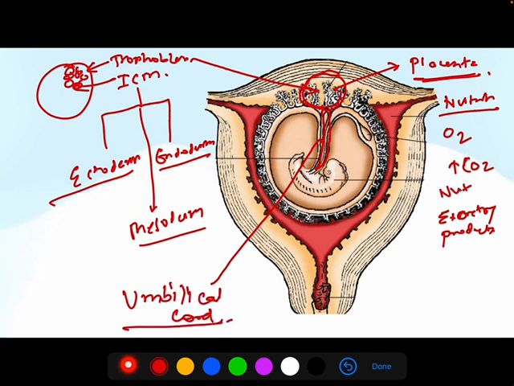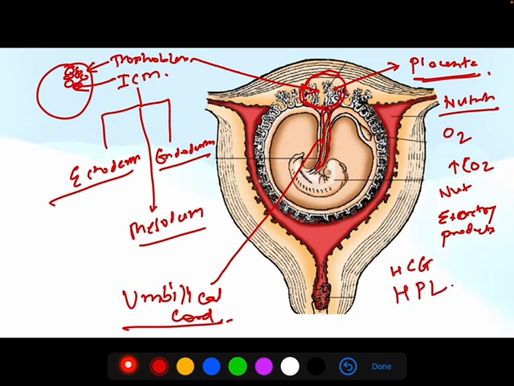Now this placenta also plays the role of an endocrine tissue, in that it generates hormones. Which hormones does it generate? One is human chorionic gonadotropin, HCG. Then we have human placental lactogen.